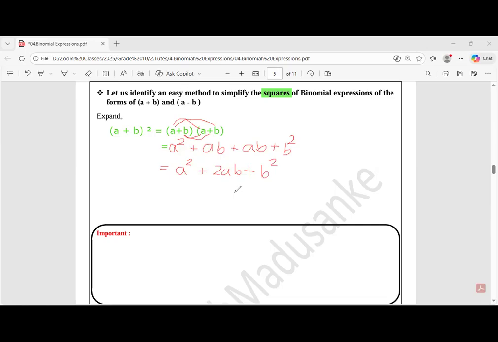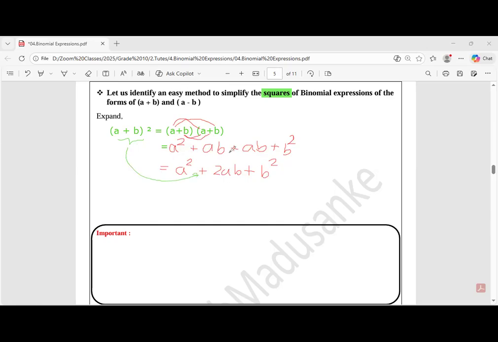Now we are going to identify a special relationship between this one and this whole thing. By looking at that, you can identify something.